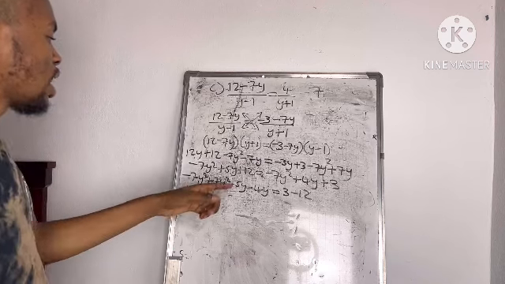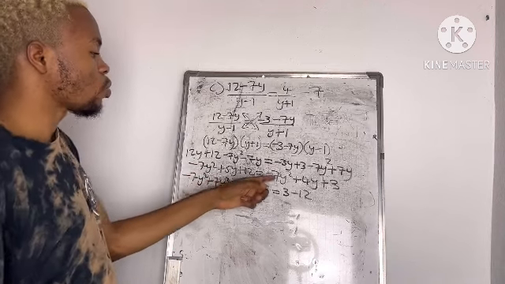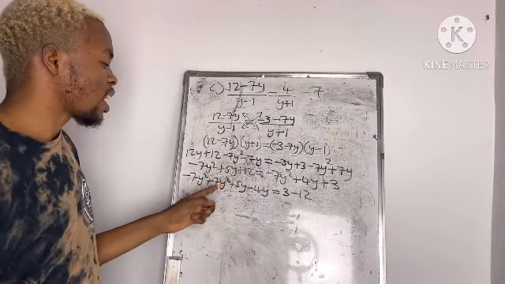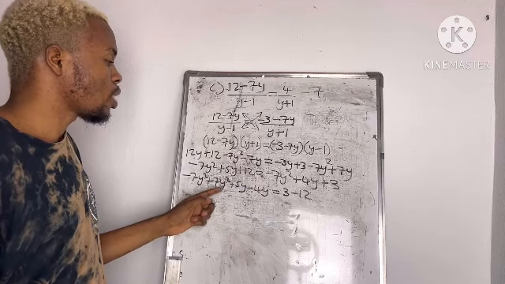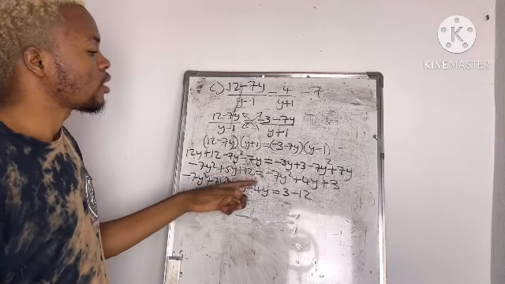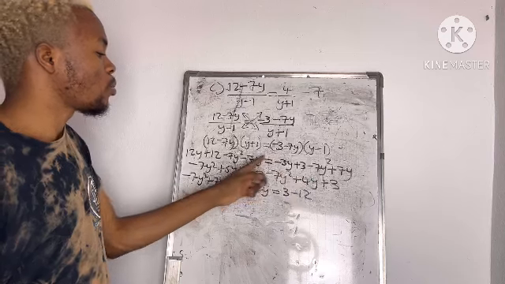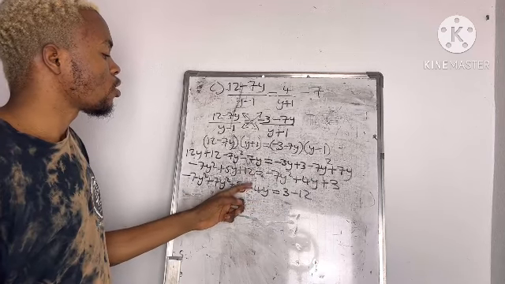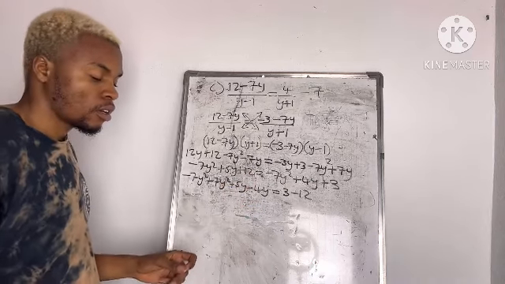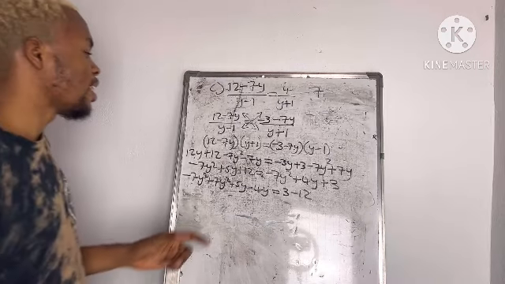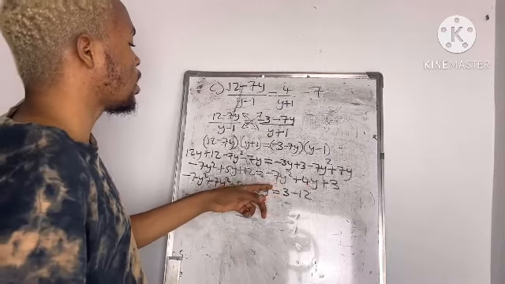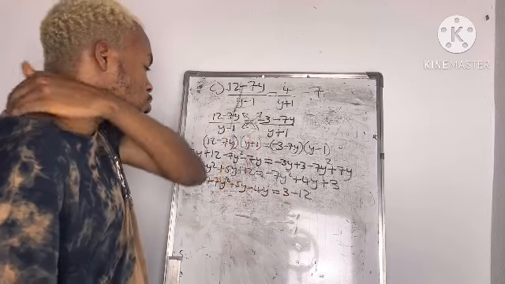So you can notice that when I took minus 7y squared over the equal to sign, I then had plus 7y squared. When I took this 4y, I had minus 4y. Then when I took 12 this way, I had 3 minus 12.